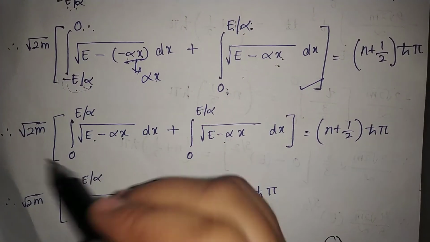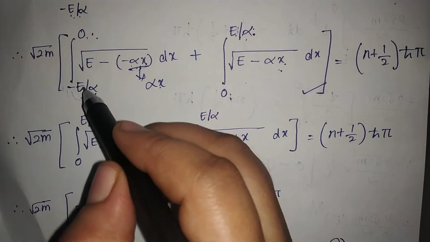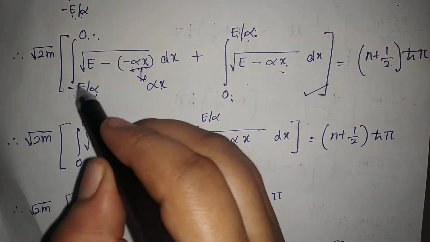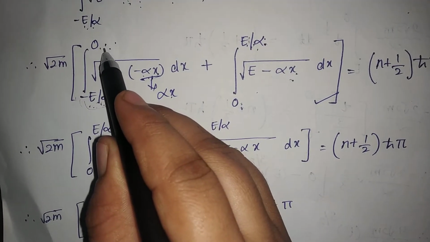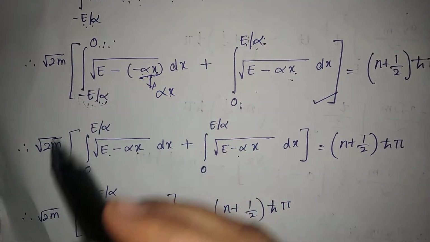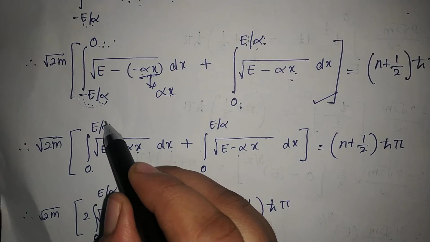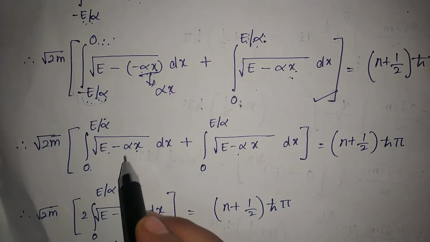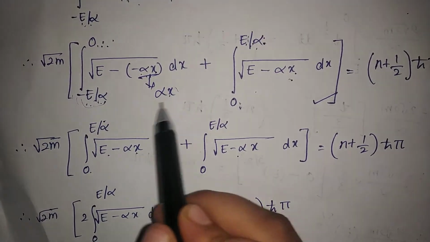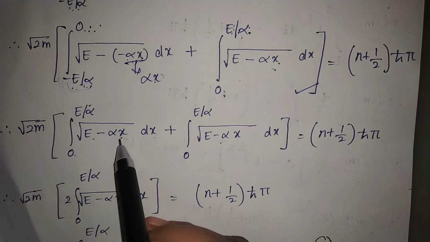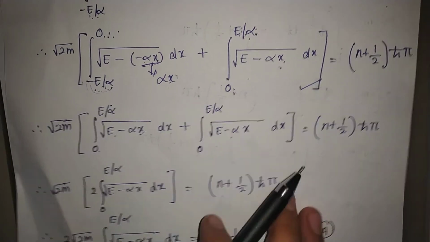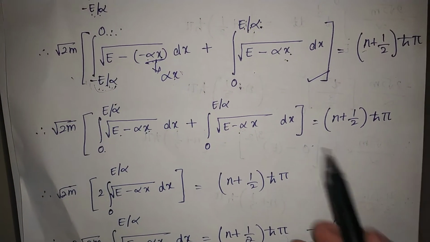And to solve this, I am inverting this limit. When you invert this limit, here we have minus to 0. Okay, so when we invert this, we will get 0 to the positive limit. And here we have taken this potential value magnitude wise, that is x is replaced by minus x, so we have got this. And the remaining term as it is.